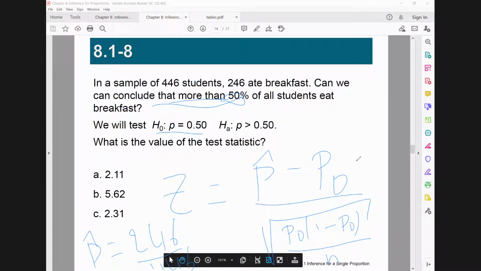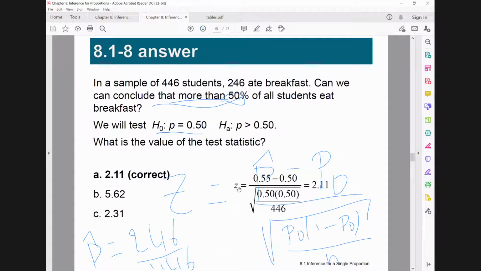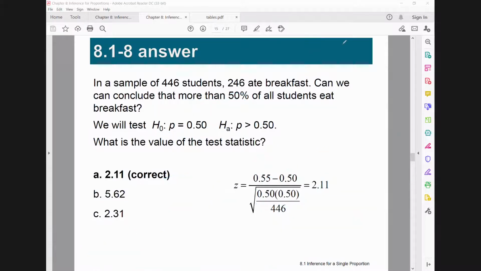We can estimate Z. P hat is about 55%, P naught 0.5, 1 minus P naught 0.5 and N 446. Then we can conclude Z equal 2.11. So the value of the test statistic is Z, which is equal 2.11.